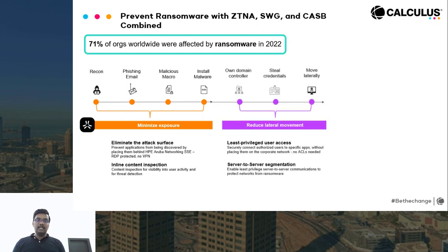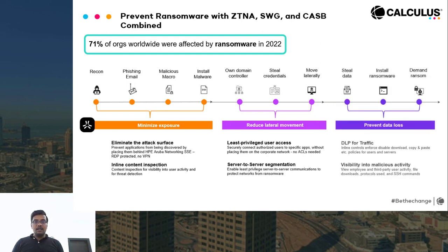Also, the least privilege user options, which is securely connecting to the applications based on the specific policies provided for a user, and server to server segmentation options. These options enable us to reduce the lateral movements, and we can prevent data loss by enabling DLP options which are available.